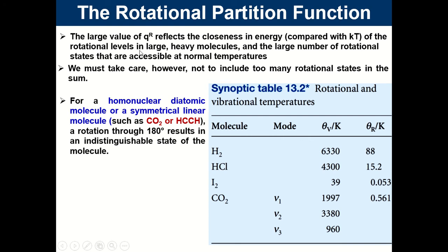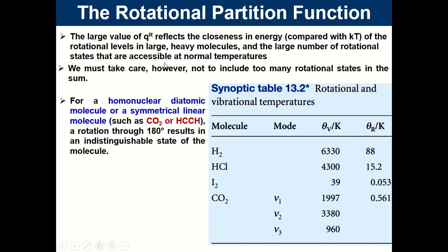So rotational levels in large heavy molecules are a large number. It means that in case of a large molecule, a large number of rotational energy levels would be accessible. The population of molecules will be distributed amongst a variety of rotational energy states.